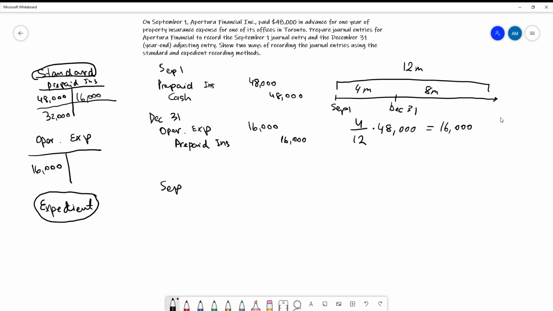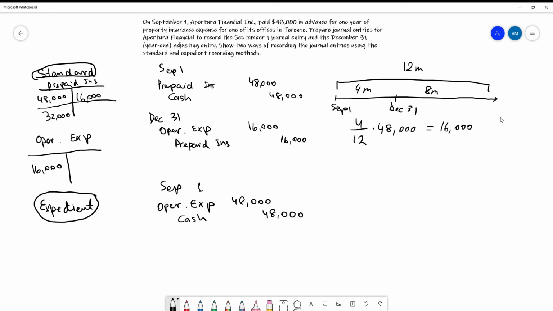So on September 1st, we have this operating expense of 48,000, and we paid cash for this expense, $48,000. However, as we saw here, Apertura Financial will not have used all of this expense in that year by December 31st.